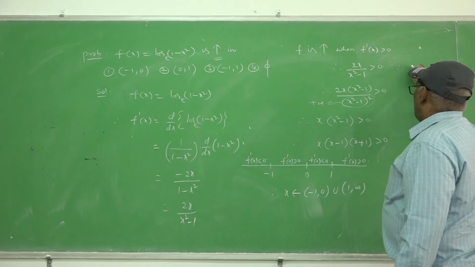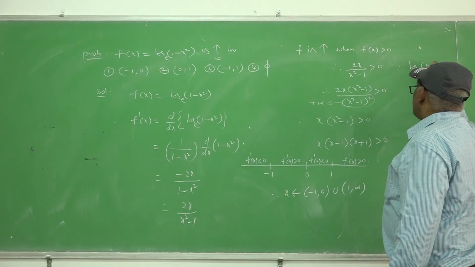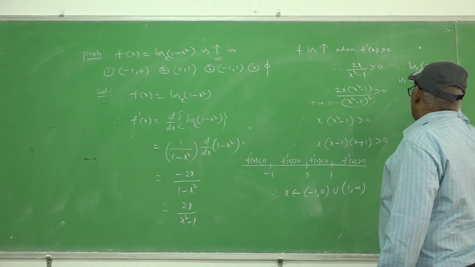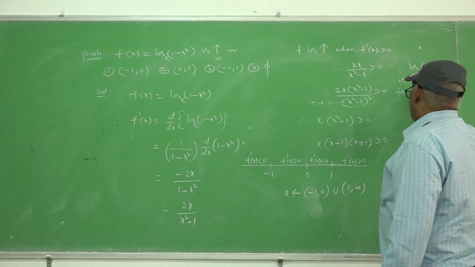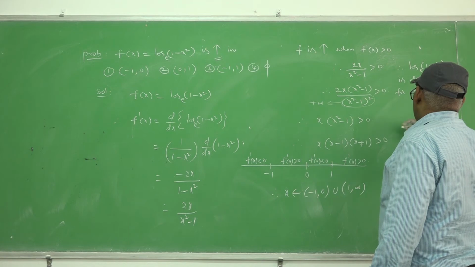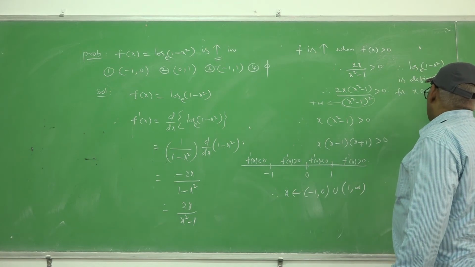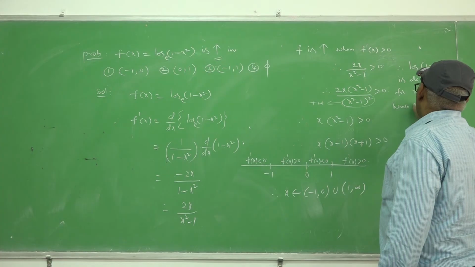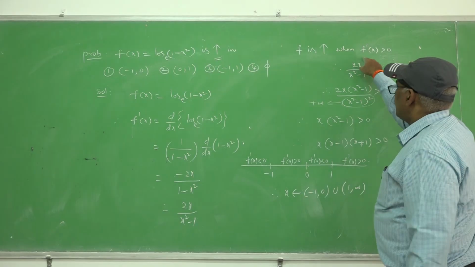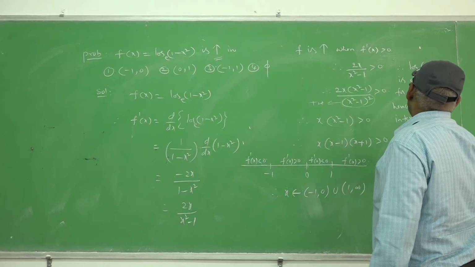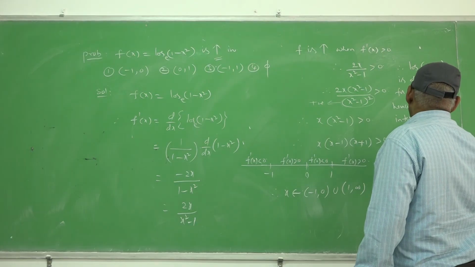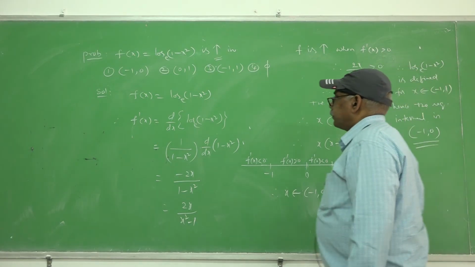So log of 1 minus x square is defined for x belongs to minus 1 comma 1. Hence the required interval in which f dash x is positive, that means f is increasing, is minus 1 to 0. That is the right option.